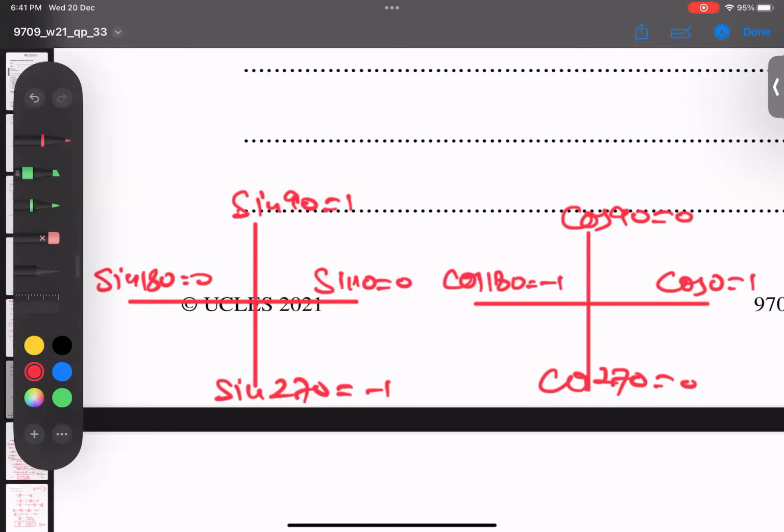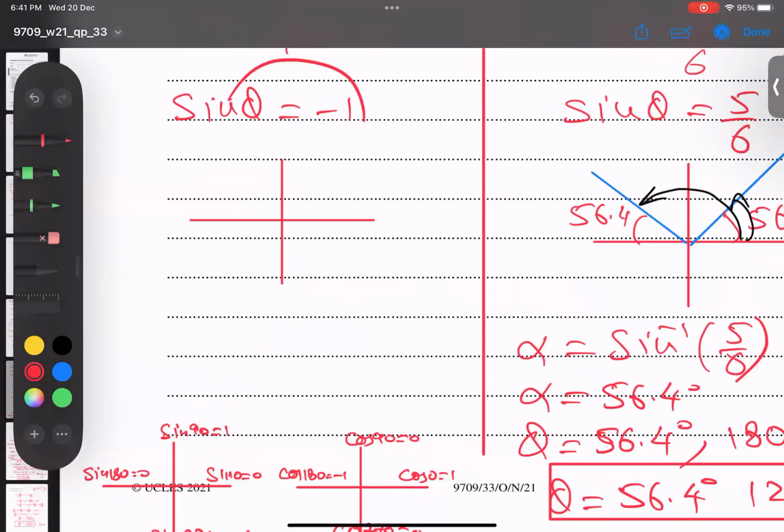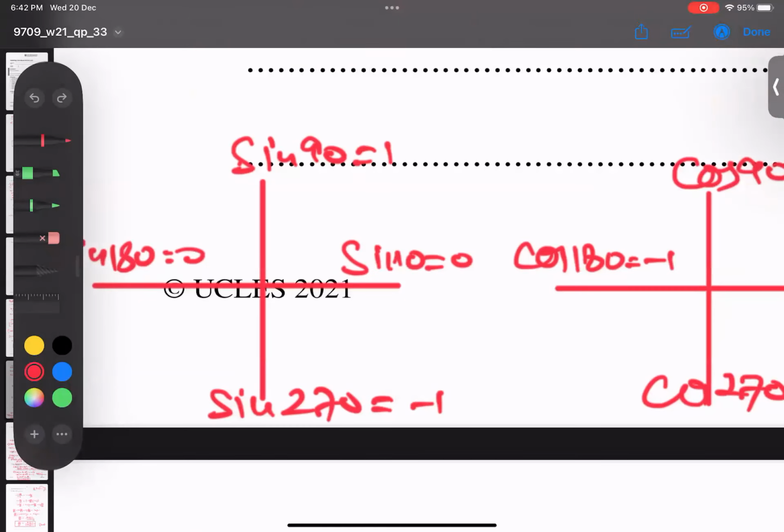You know what happens? Sometimes when you type in the calculator, for example, sine inverse of minus 1, it will give you negative 90. Or if you ignore the sign, it will give you only 90. So how can we get this answer, although we know that sine 90 is plus 1 and sine 270 is minus 1?